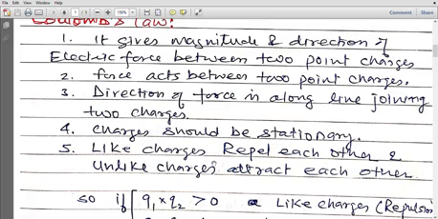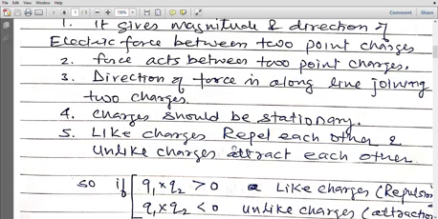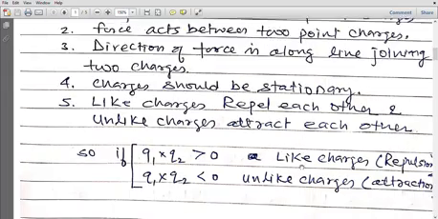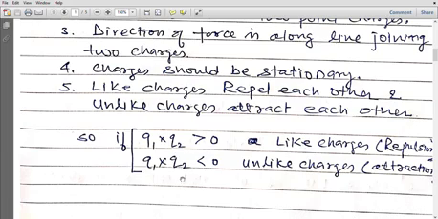This is the well-known phenomenon that like charges, which have the same nature, repel each other, and unlike charges, which are opposite, attract each other. This can be rewritten as: if the charges are like, their polarity is the same, so if we multiply the two charges, it gives a positive result.